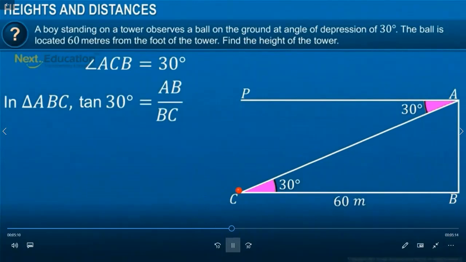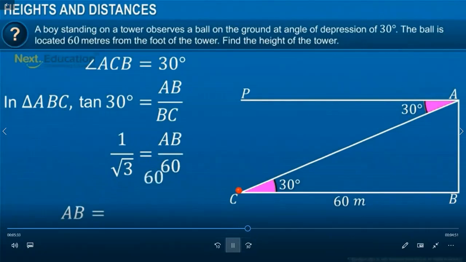Substituting the values, tan 30 is equal to 1 by root 3 and BC equal to 60 meters. We get AB by 60 equal to 1 by square root of 3. Rearranging the expression, we get AB equal to 60 by square root of 3.